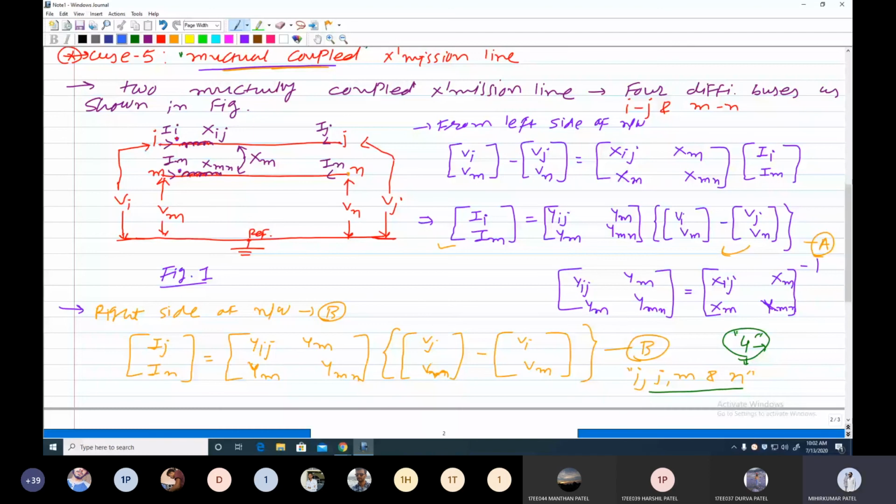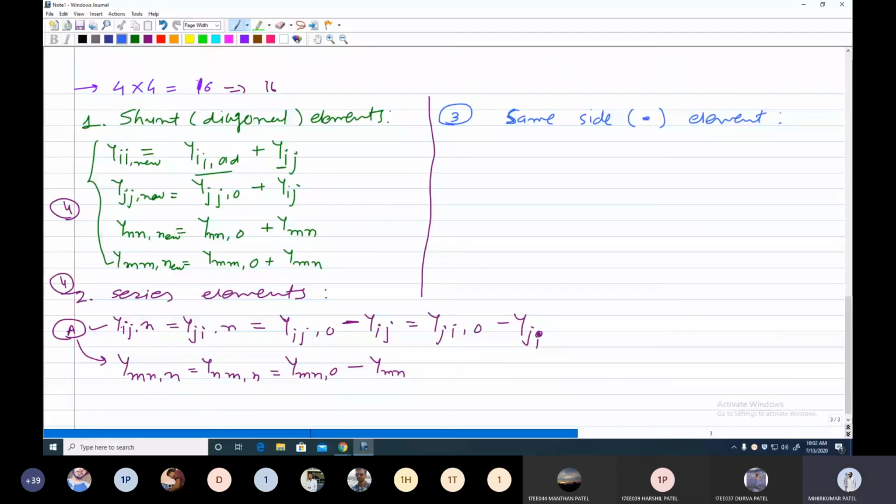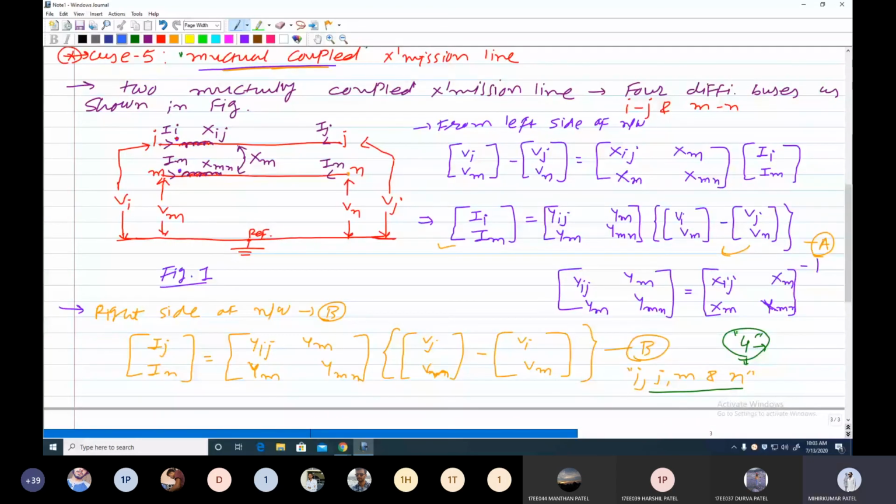IM and JN. So first, YMI new is equal to the IM old plus, here we have to add our mutual admittance, which is offered between these two transmission lines.